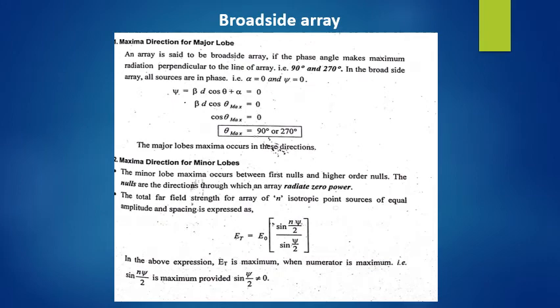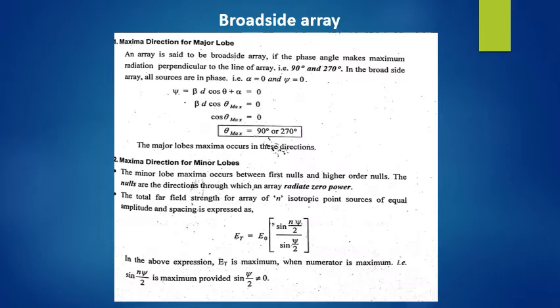Since the elements in the array are fed with currents of equal magnitude and phase, the radiation pattern of the array is bidirectional and it is broadside. Now we are going to find the maximum direction for the major lobe, the maximum direction of the minor lobes, the minimum direction of the minor lobes, and the half power points.